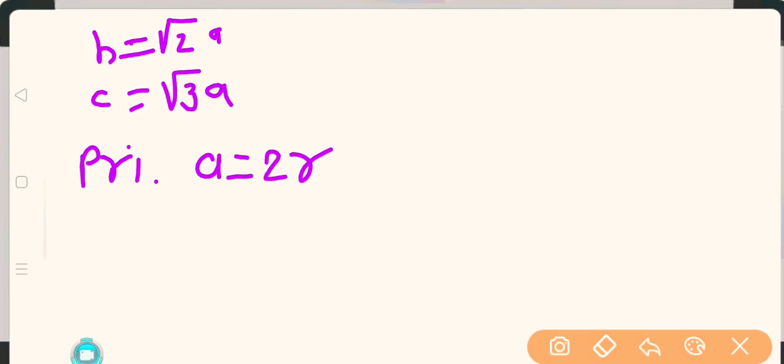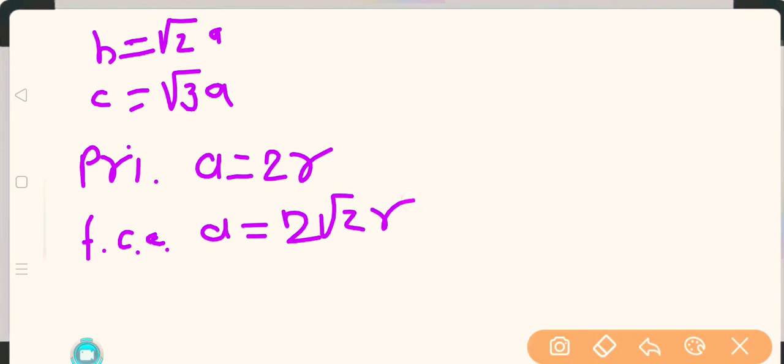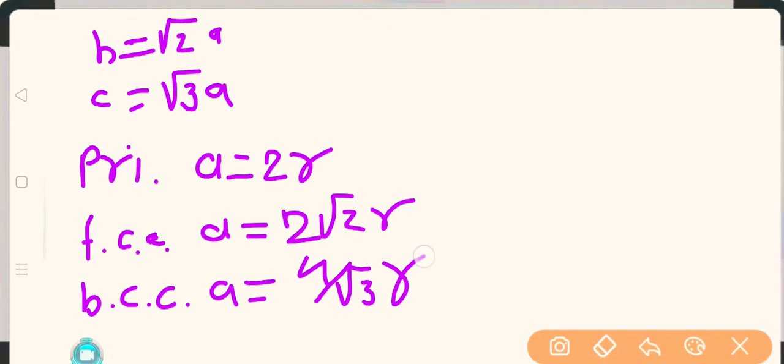In the FCC unit cell, A is equal to 2 root 2 R. And in the BCC unit cell, A is equal to 4 by root 3 R.